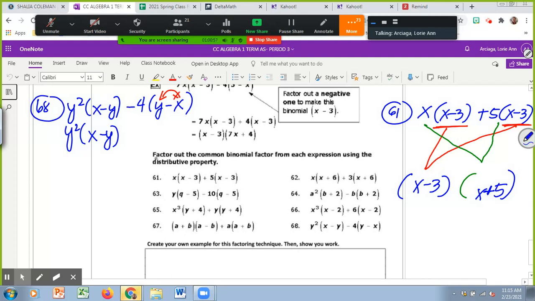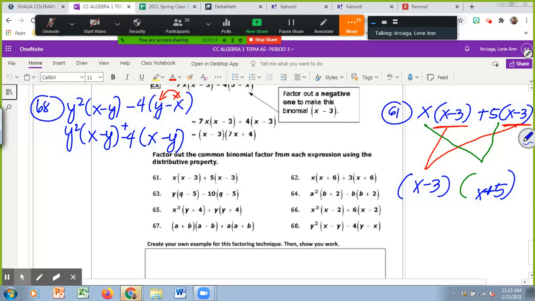So that will become +4, right? You flip the sign of negative and change it to positive. And then you flip this around, so x, and you change the sign of y, it's going to become -y.